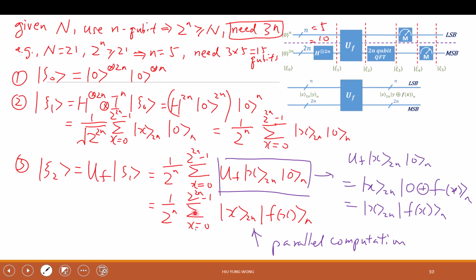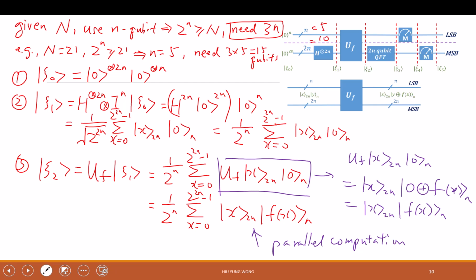Because this is a superposition of 1 trillion basis state to the power 40 basis state. Make sense? Right? And that is where you have this quantum parallelism. Of course I cannot get them because this is the basis state, right? It's all there. Right? I don't know what this is, but they computed already.